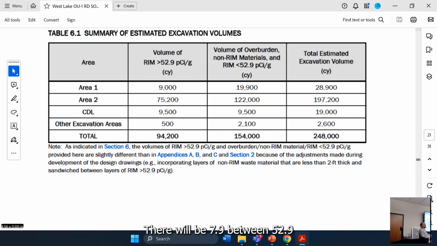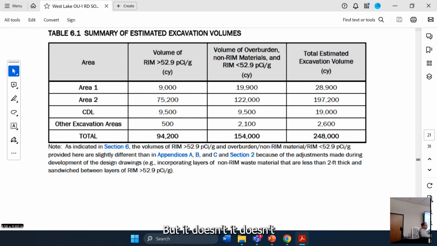There will be RIM between 52.9 and 7.9 in those excavations, but there will be a cap on top of that. They will backfill the holes they excavate and then put a cap on top. So there will be clean material that does not have any RIM in it above this backfill, which puts the areas' max concentration at 52.9.